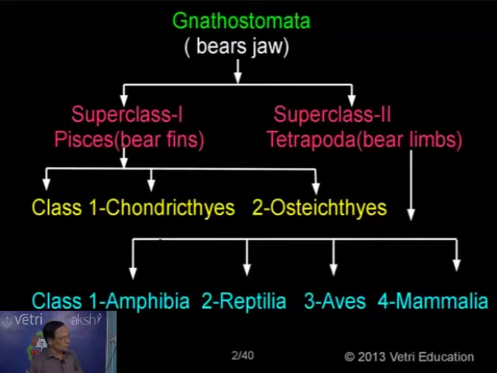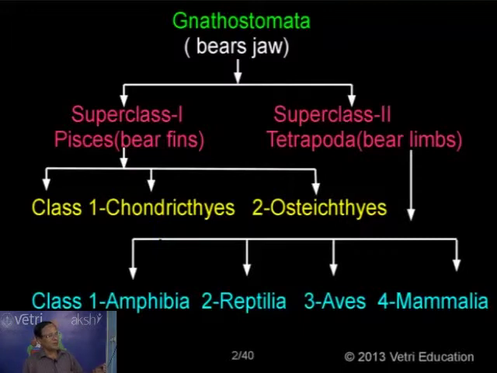The second group, class Chondrichthyes, animals with cartilaginous endoskeleton. Ichthyology refers to the study of fishes, and chondrin, chondrocytes, refers to the cartilaginous cells.